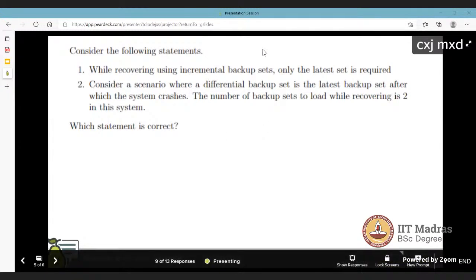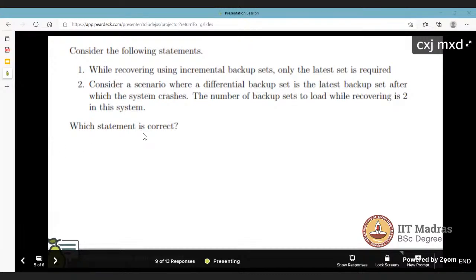Yes, Sanjana, what were you saying about statement 1? Yes, sir, you're right, statement 1 is wrong. The question basically means which statement is correct, so I got it wrong. I'm sorry for the confusion. But ma'am, how is it wrong?